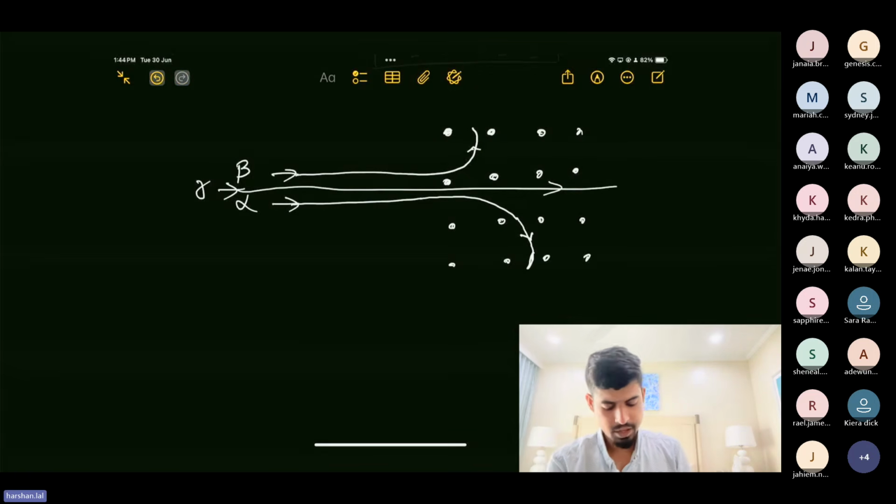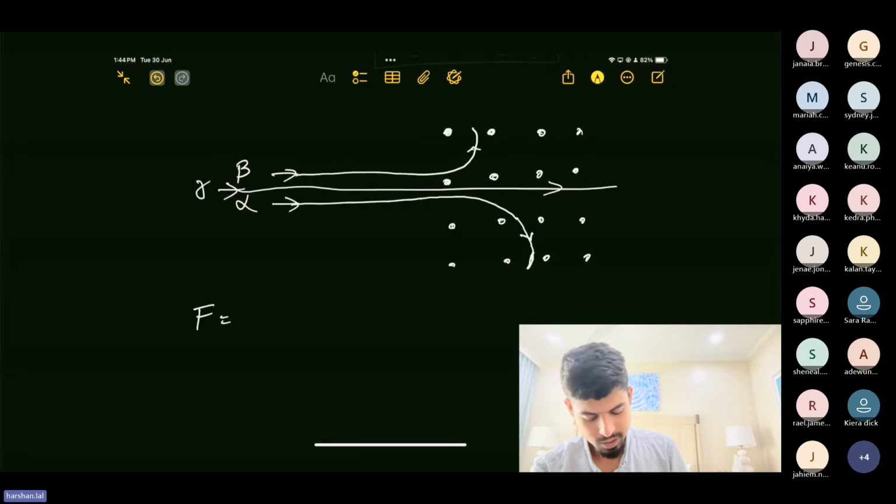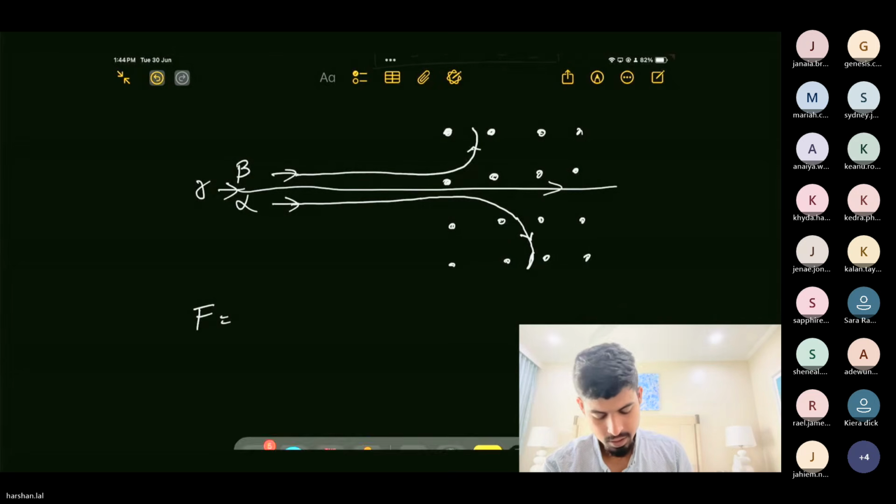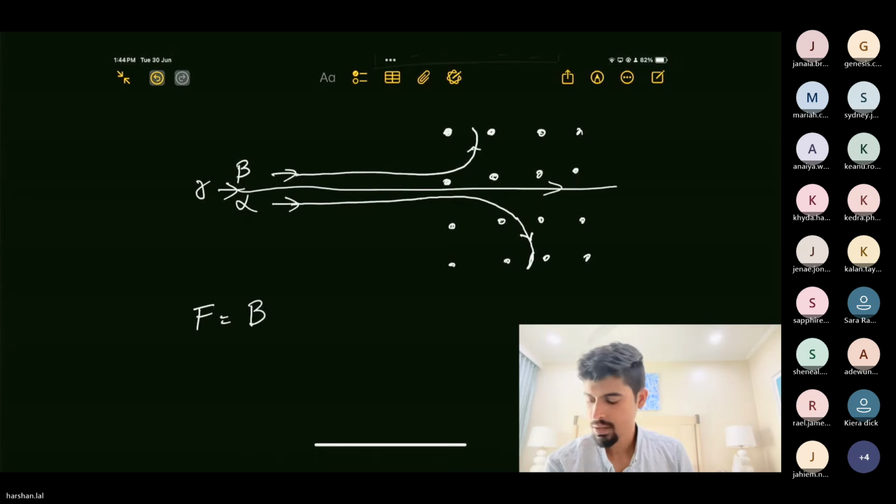Right? Because we know the magnetic force. What is the formula for the magnetic force? F is equal to B times... We did this at the start of the semester.